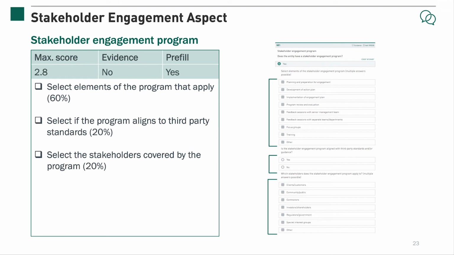Note whether the program aligns with third-party standards using the drop-down option. This is worth 20%. The third section covers which stakeholders the program applies to. Again, select all applicable stakeholders. This section is worth a further 20% of the indicator. This indicator is subject to automatic validation.